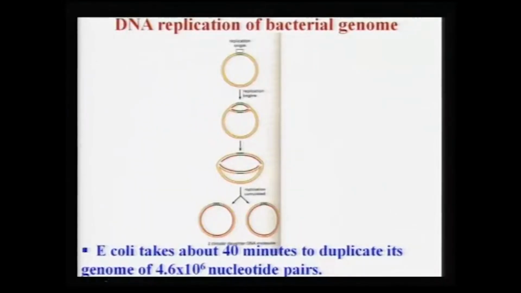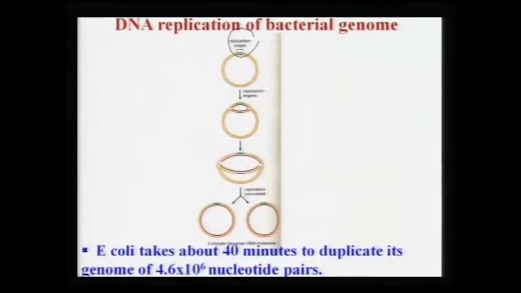For example, DNA replication in a bacterial genome. Now, bacteria, you know that DNA, RNA, all these genetic materials are not contained within a nucleus, but are just dispersed in the cell. Now, in this bacterial case, for example, this is a replication origin here.